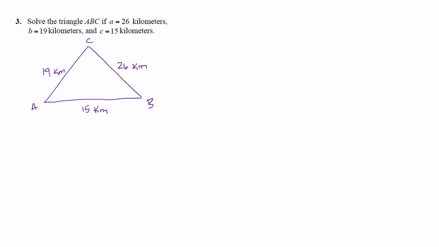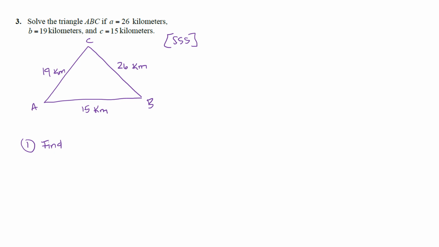Okay, so we're trying to find all of the missing angles, which means we have all three sides. So since we have all three sides, we can use the rearranged form of the law of cosines to help us find one of the missing angles. Now, which angle are we going to do first?